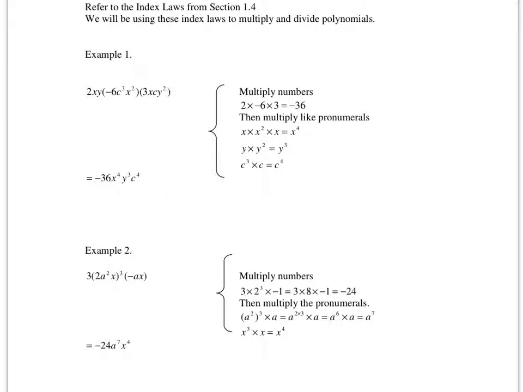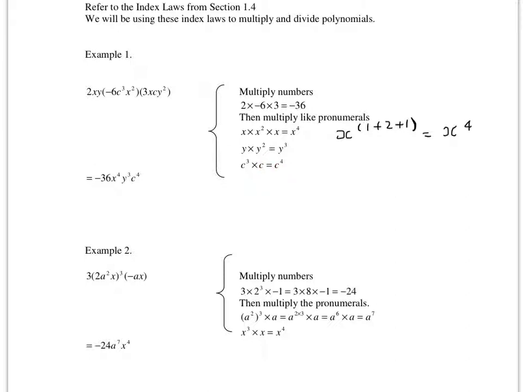And if you'd like to think about it using the first index law, that will be x to the power 1 plus 2 plus 1, so hence x to the power 4. Similarly, for y, we have y to the power 1 multiplied by y squared, so that's y to the power 1 plus 2, which is y cubed, and c cubed multiplied by c to the power 1 is c to the power 3 plus 1, c to the power 4.